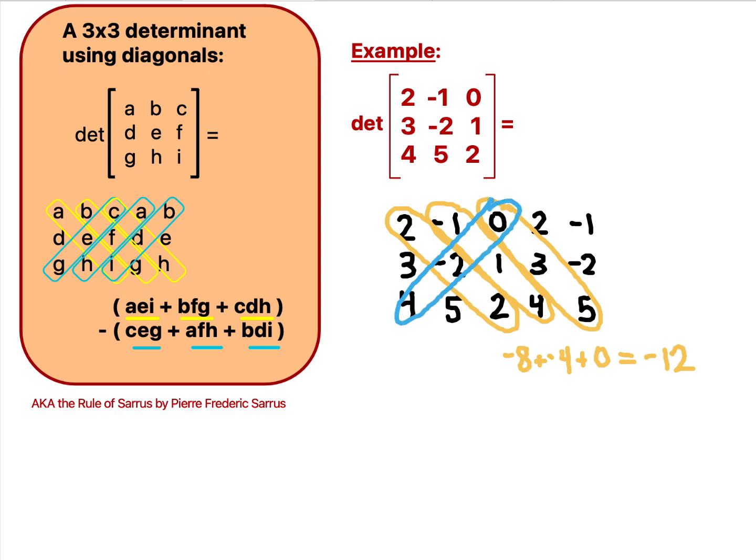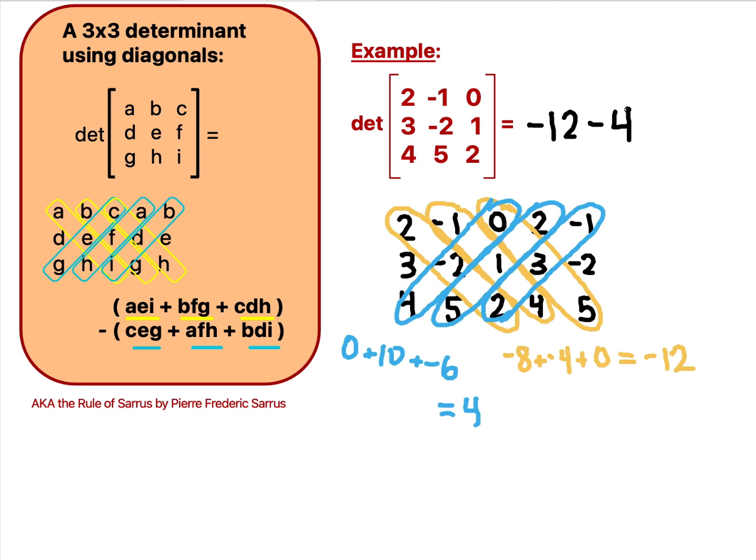Multiply these 3 together. Multiply these 3 together. Multiply these 3 together. And add them all up. And then, drum roll please, we're going to take the first slanty diagonals minus the second slanty diagonals, and the result is the determinant. What do you think of that?